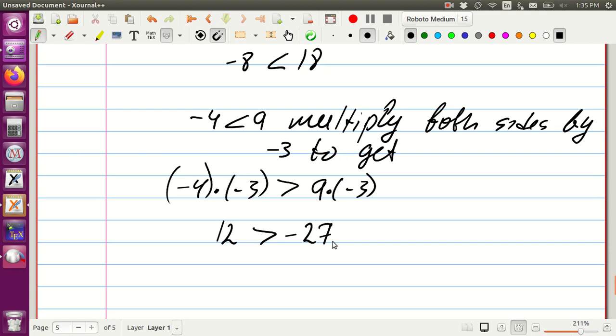All right, and an example for rule number 4.